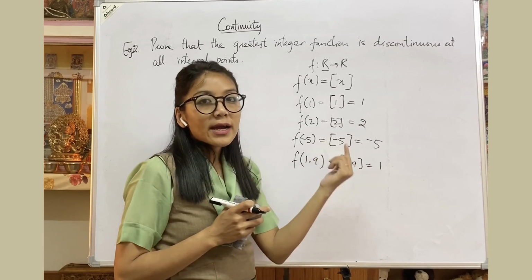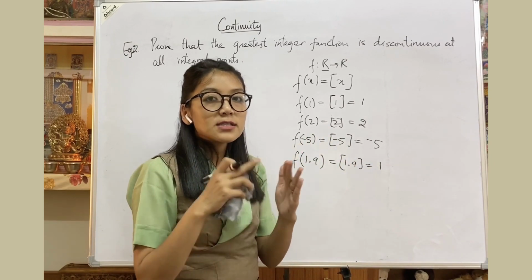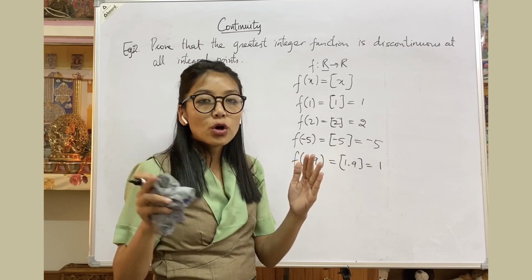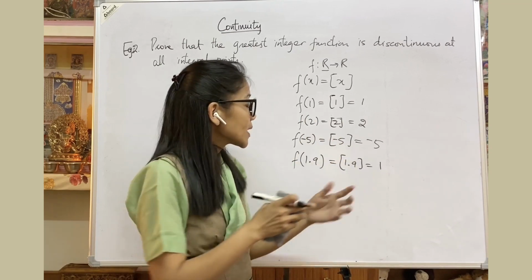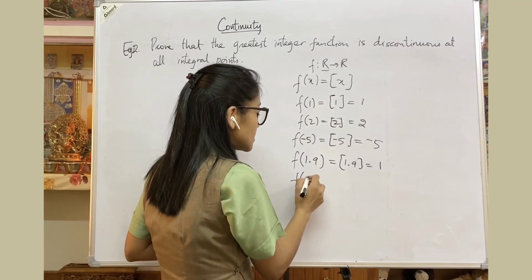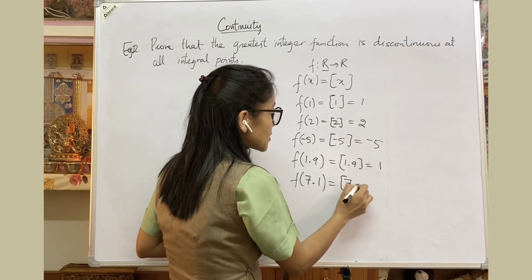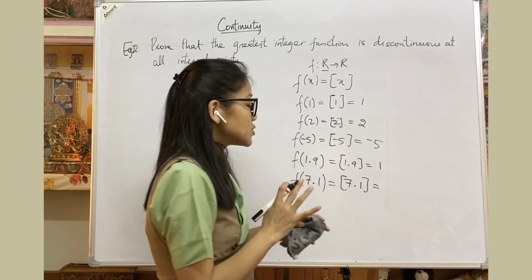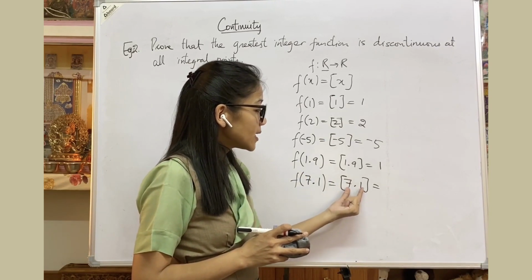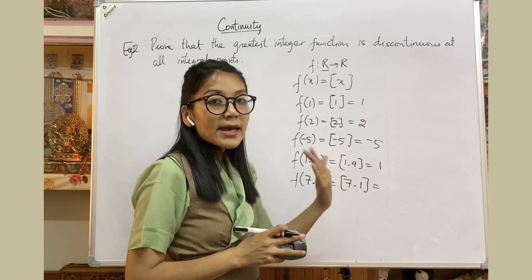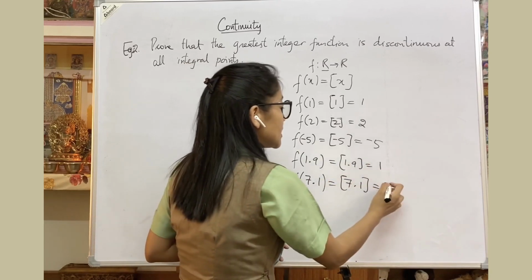The integers less than 1.9 are 1, 0, negative 1, negative 2, and so on. Out of all these, you choose the greatest one, that is 1. Similarly, f of 7.1: you take the integer smaller than 7.1 and nearest to 7.1, so it will be 7.